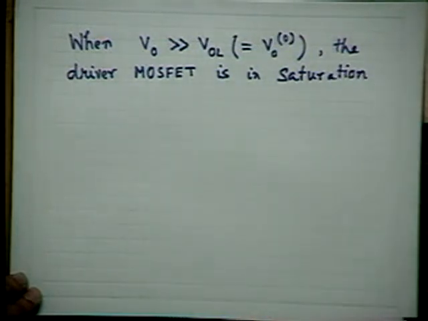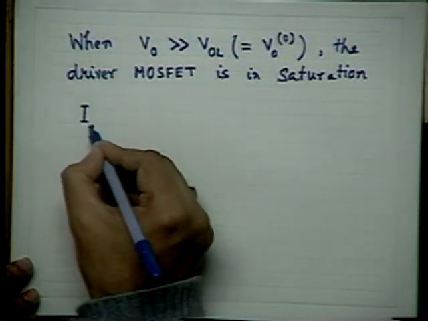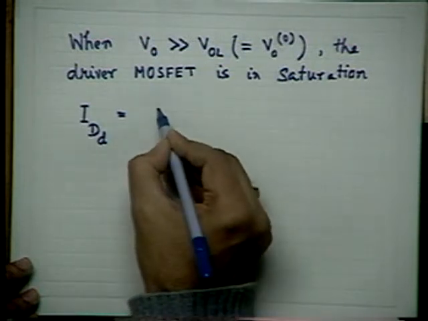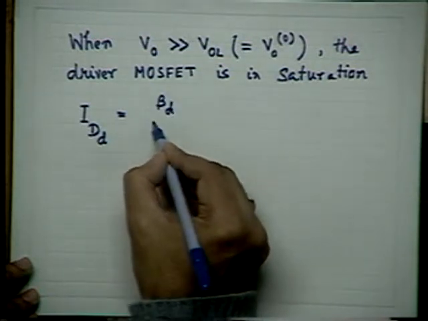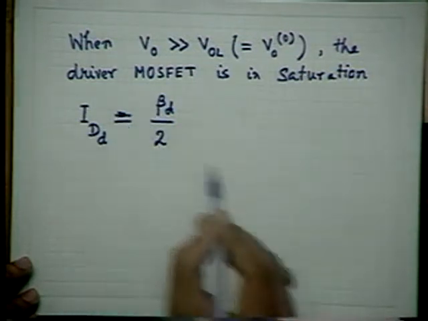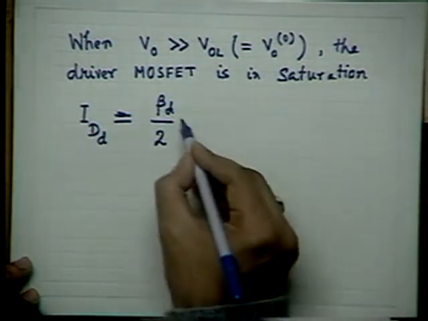And therefore, the current formula for the driver current, already given, is equal to beta d by 2 into (VGS minus VT) whole square.